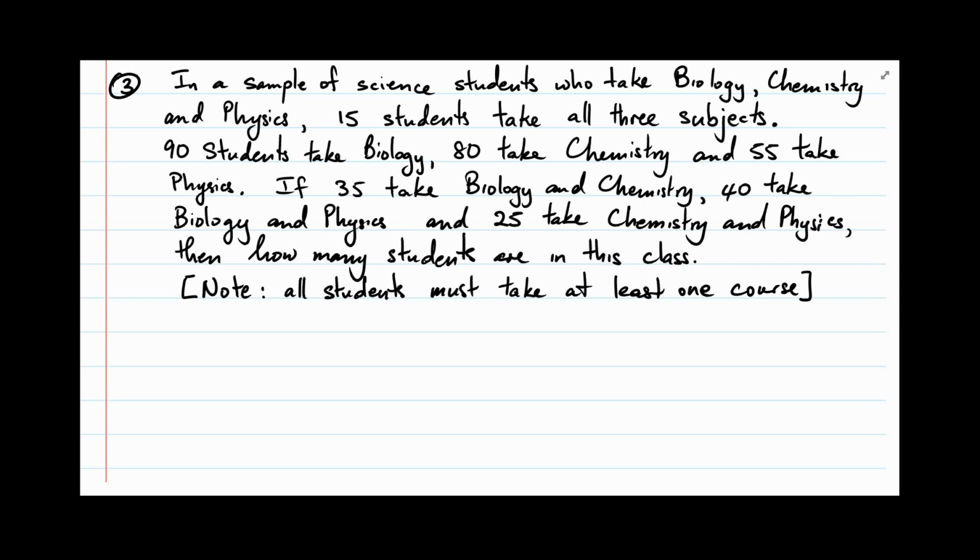So let's extract the information that we have here. I'm using the letters B for biology, C for chemistry, and P for the set of students in physics. The number of persons in biology and chemistry and physics is 15. The number of persons who take biology is 90. The number that takes chemistry is 80.